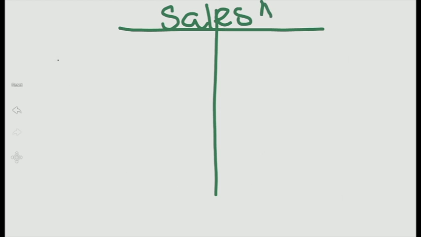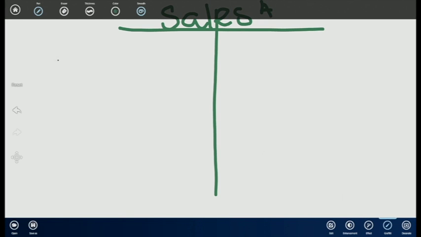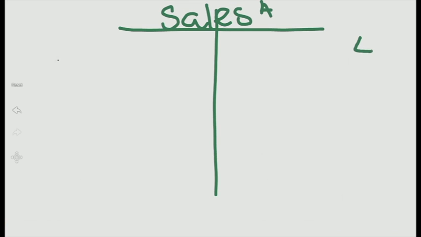Instead of writing suspense account, it's going to be the sales account. Sales account, it was undercasted, so we are going to say 40 emalangeni as we are adding. We are adding to the amount of the sales. We are removing what?